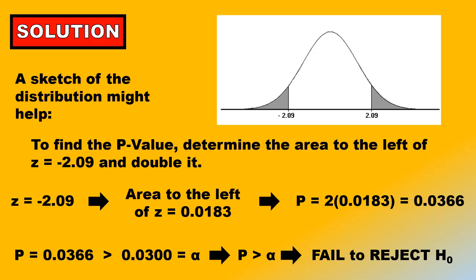So using the wrong area would have led you to the completely wrong choice for your decision at the end. So you have to be very careful in these two-tailed tests that you don't forget the step where you double the area in the tail.